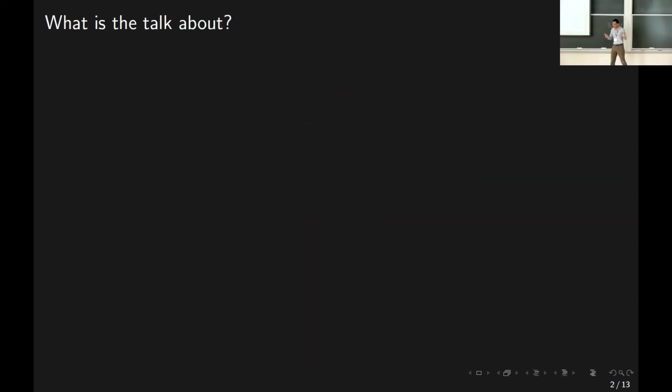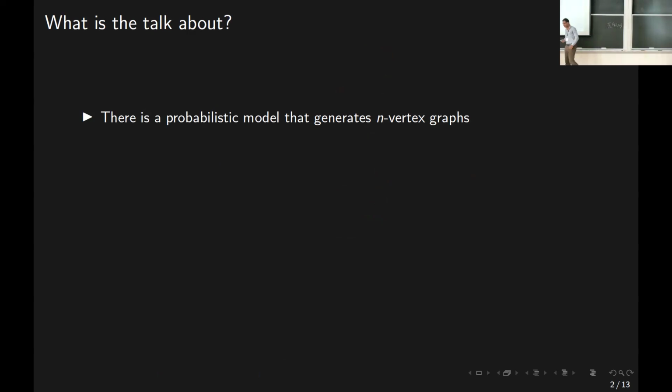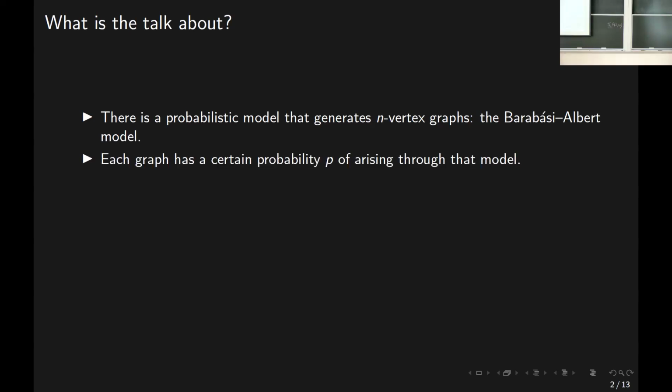Okay, so I'm going to give a quick summary before the talk. What is the talk going to be about? There's a probabilistic model that generates preferential attachment graphs, n-vertex graphs: the Barabási-Albert model. There are multiple models, but we decided to go with that one because it is well studied and understood.